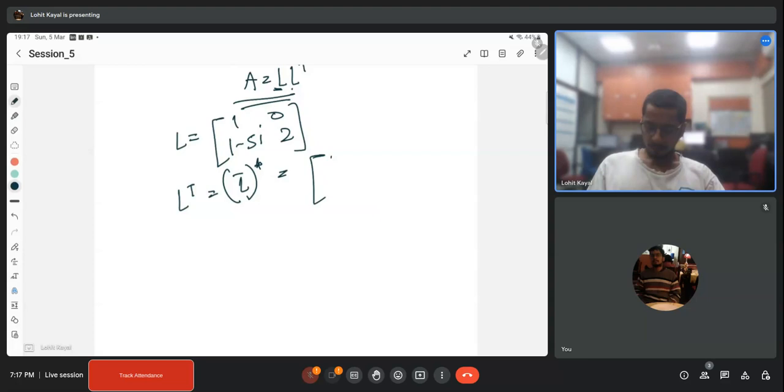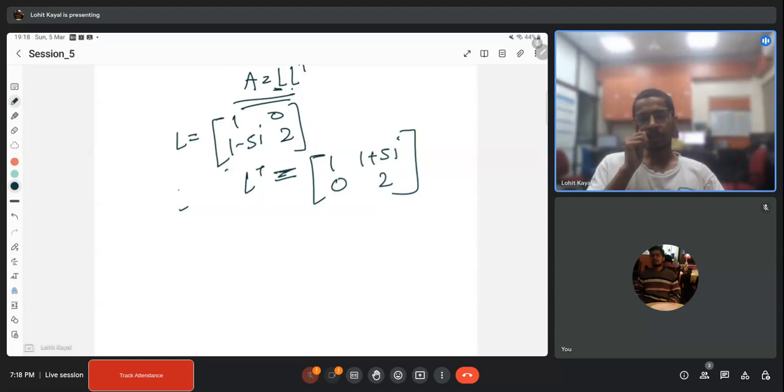So it will be 1, 1 plus 5i, 0, 2. So this will be the transpose. In the case of a real matrix, you can just shift the entries, but for the imaginary case, you automatically have to calculate the complex conjugate of it.